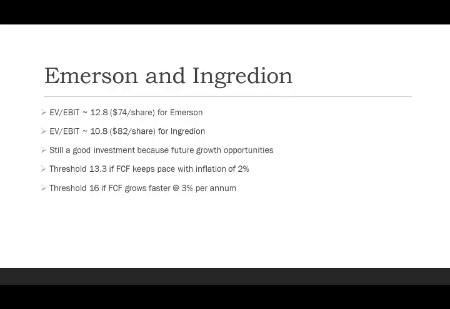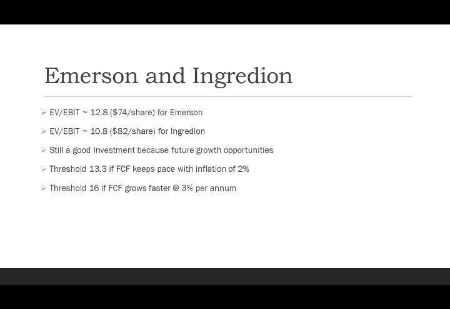The last two I'm going to review are Emerson and Ingredion. So EV over EBIT is 12.8 for Emerson and 10.8 for Ingredion. I consider either of them still a good investment because of future growth opportunities. For example, Emerson is a play on automation. I believe that will be a trend well into the future because of the labor shortage.